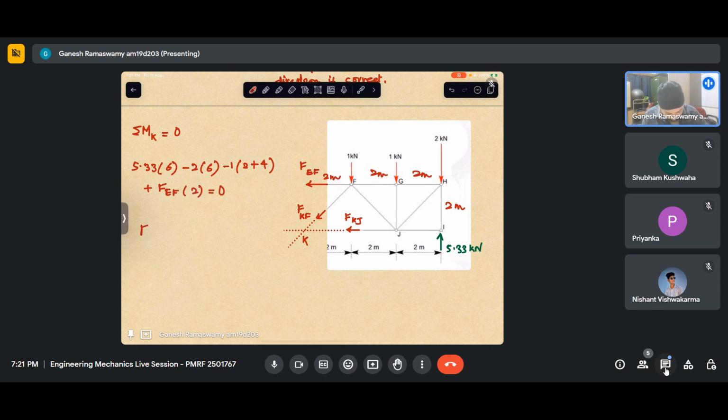So force in member EF, we can calculate this. It comes to minus 6.99 or minus 7 kilonewton. So force in member EF comes out to be minus 7 kilonewton.